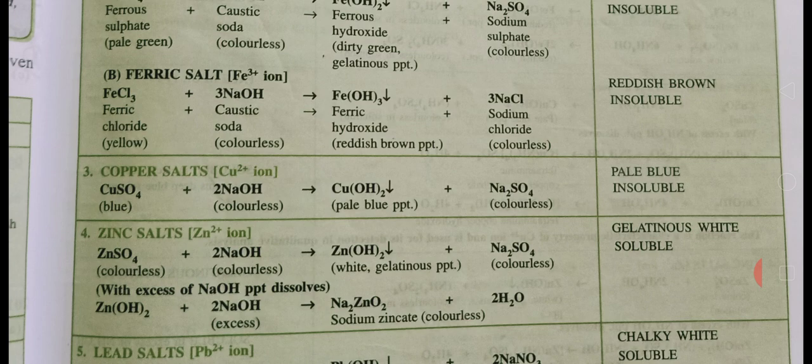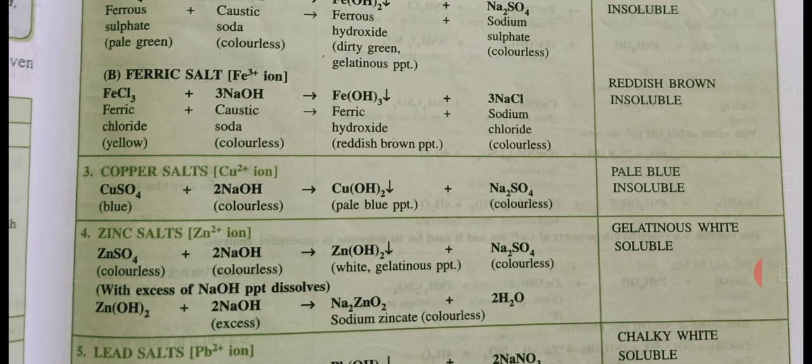Then children, the next salt we have to identify is the zinc salt. So zinc sulfate, when we add NaOH to it, forms zinc hydroxide, which is white gelatinous PPT. White gelatinous PPT means it is a PPT of a gel nature. So you can see the gel nature PPT is there.